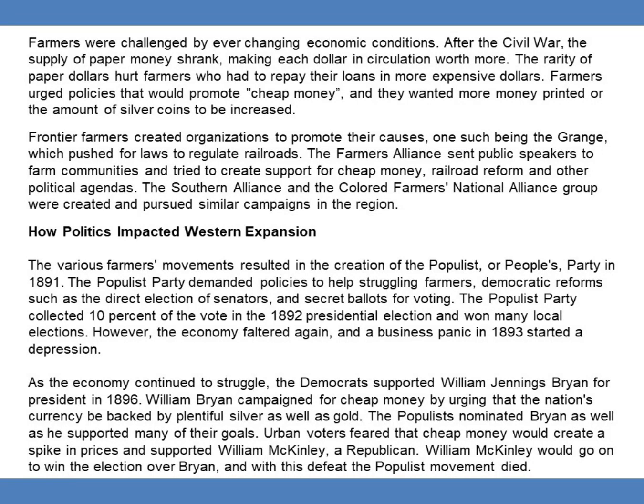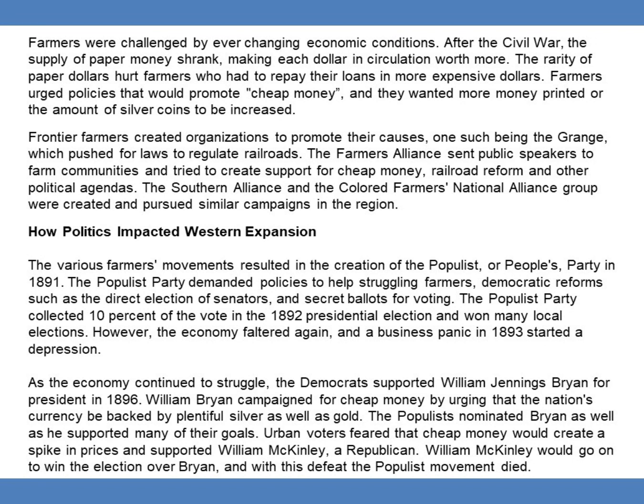Frontier farmers created organizations to promote their causes, one such being the Grange, which pushed for laws to regulate railroads. The Farmers Alliance sent public speakers to farm communities and tried to create support for cheap money, railroad reform, and other political agendas. The Southern Alliance and the Colored Farmers National Alliance group were created and pursued similar campaigns in the region.